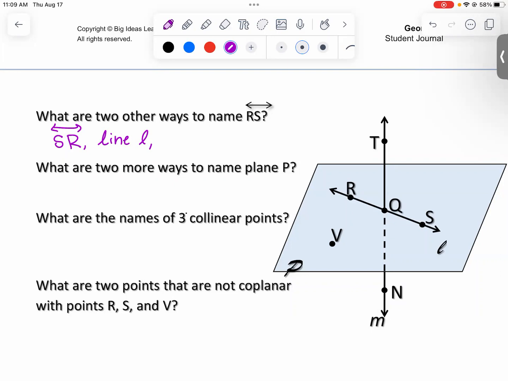That is its original name. So I already said RS. We've already said SR. What's another name? We could say QS because Q is also on the line. So would that make it a plane? No, because these 3 points are coplanar, but they're also collinear because they're on the same line.